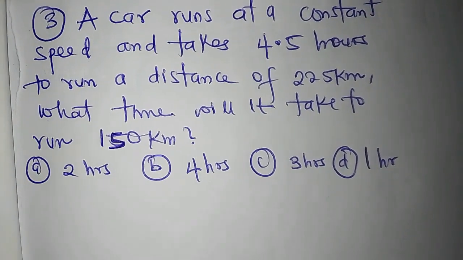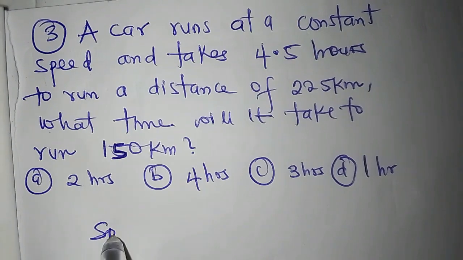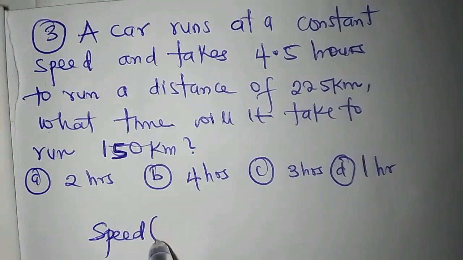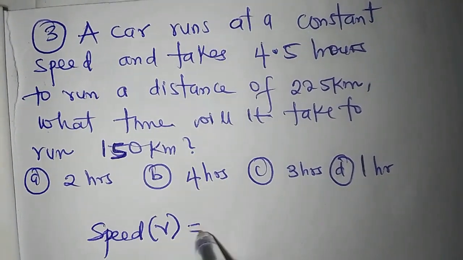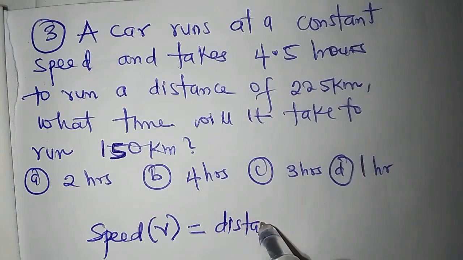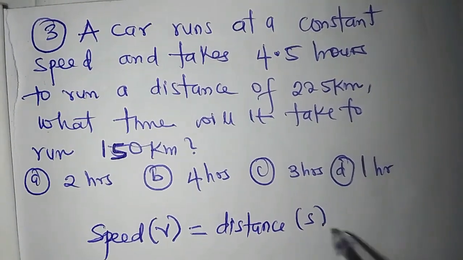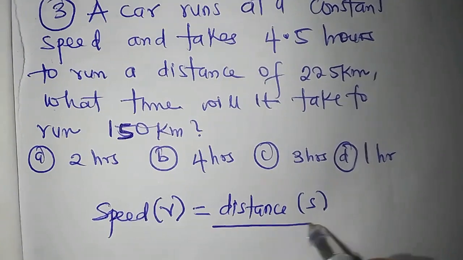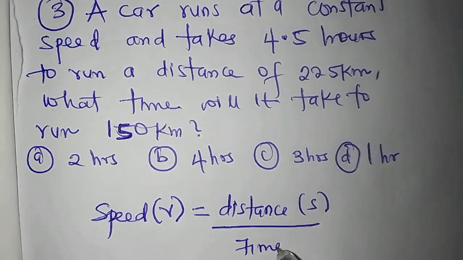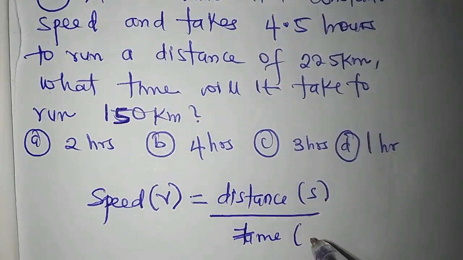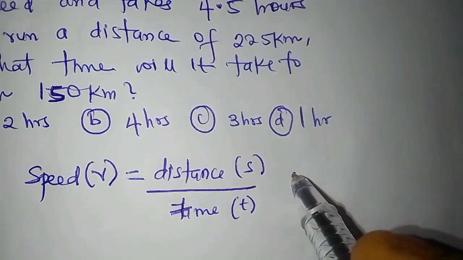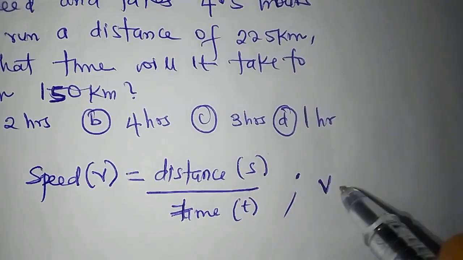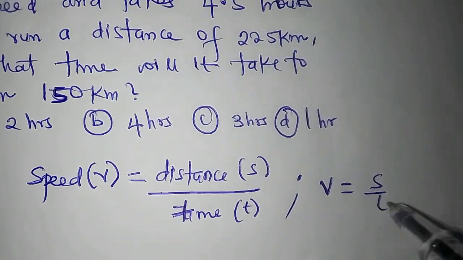I know that speed, let's use V to represent speed, is equal to distance, let's use S to represent distance, all over time, let's use T for time. If we write this again, we can say V is equal to S over T.